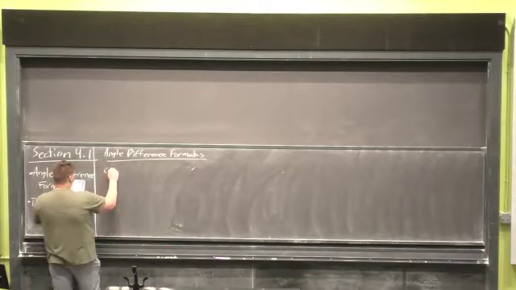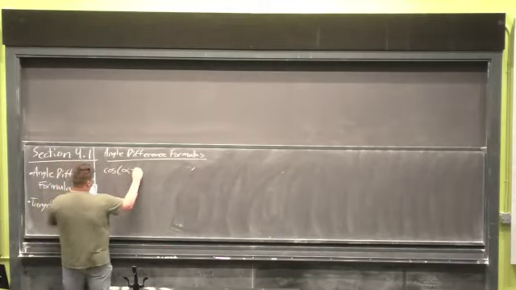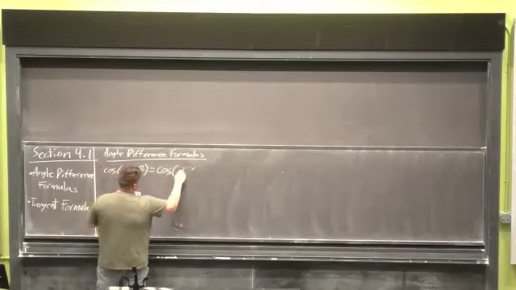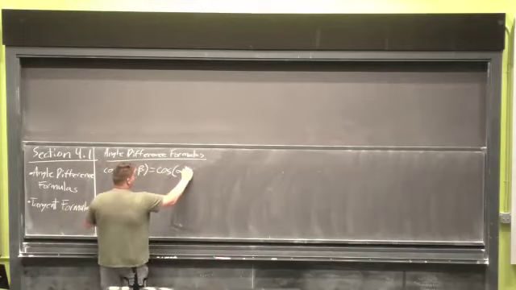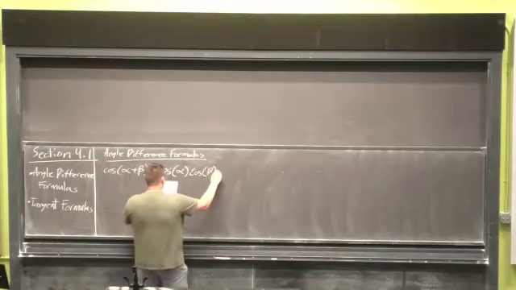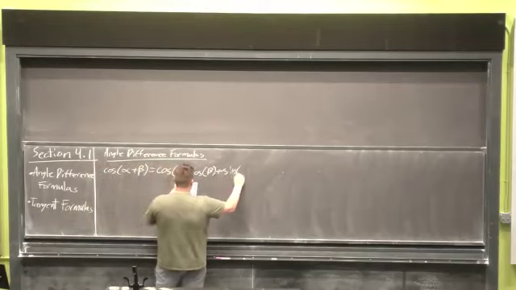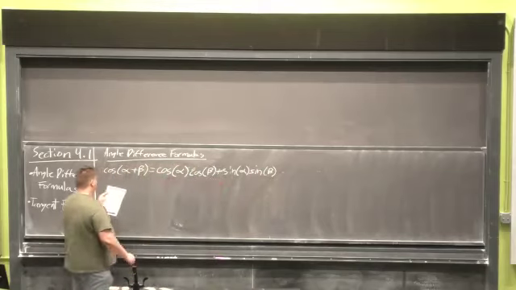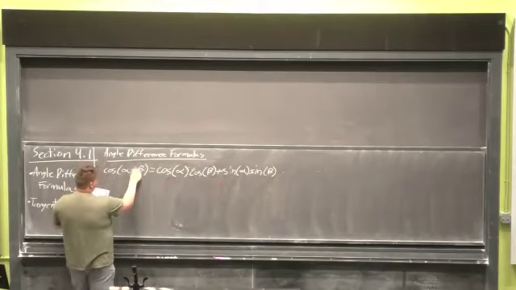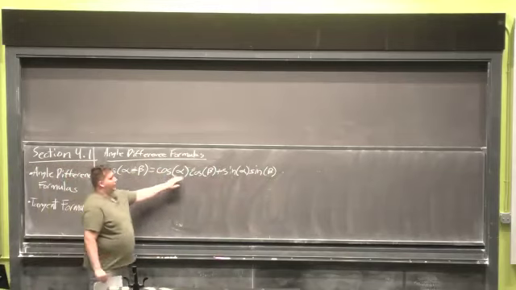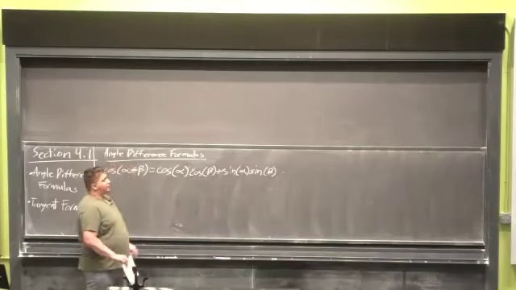So cosine of alpha plus beta is equal to cosine of alpha times cosine of beta plus sine of alpha times sine of beta. Sorry, this is subtraction. Alpha minus beta is equal to cosine alpha cosine beta plus sine alpha sine beta.